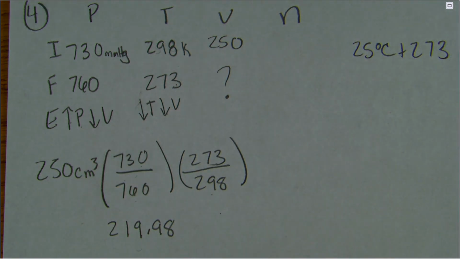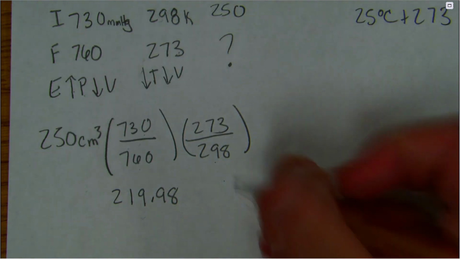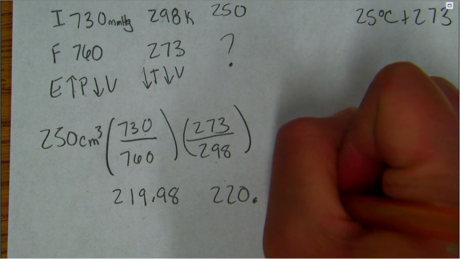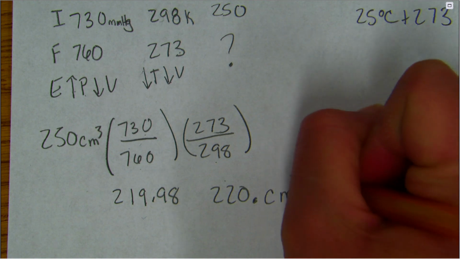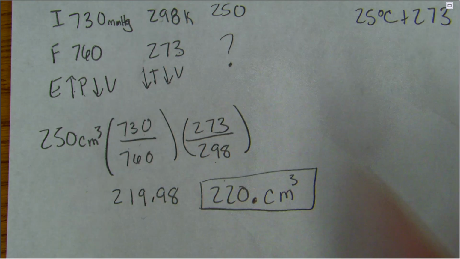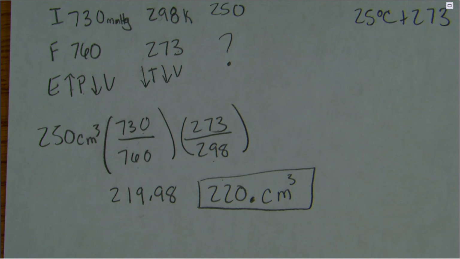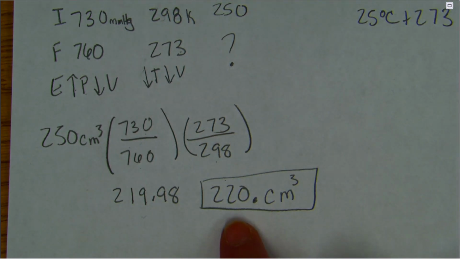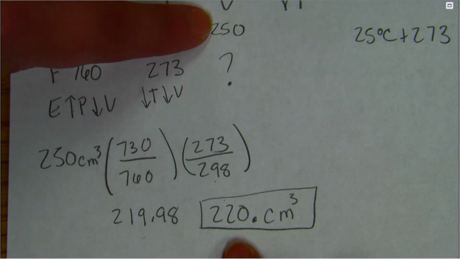Now using our rule of 3, that is going to be 220 with a decimal place to lock in that 0 centimeters cubed. So the overall effect here was a decrease in volume. I started at 250 and I ended at 220.